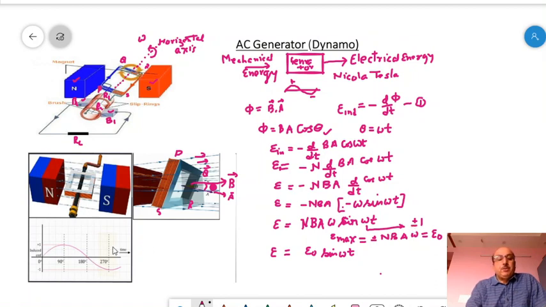So now let us come to the graph. Here is the induced EMF graph versus time. At time 0, sine omega t is 0.